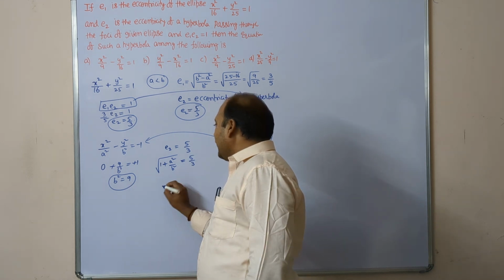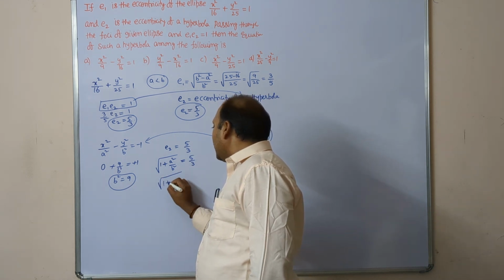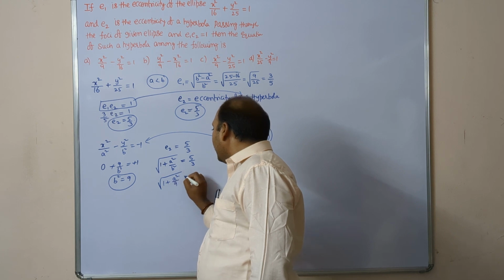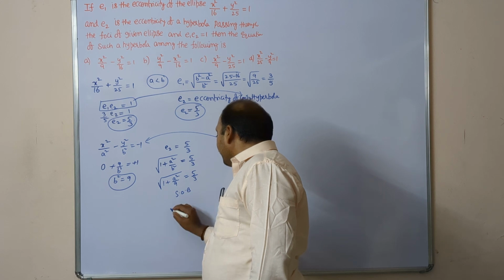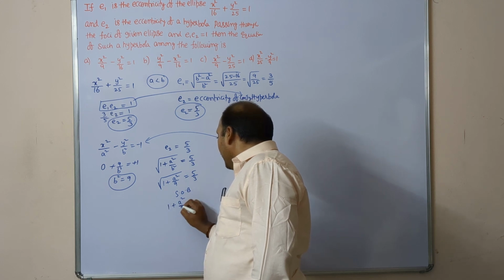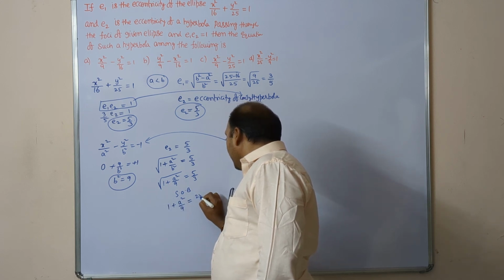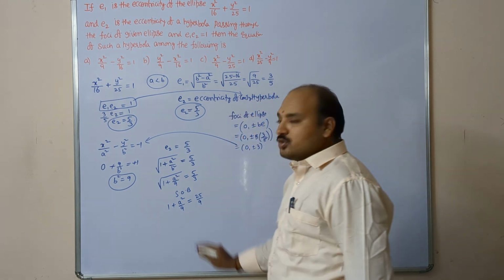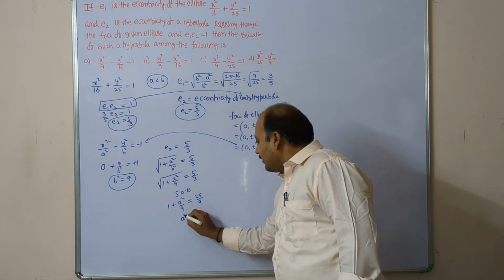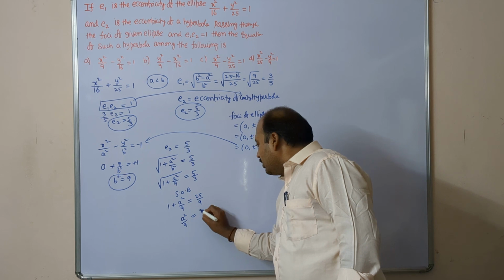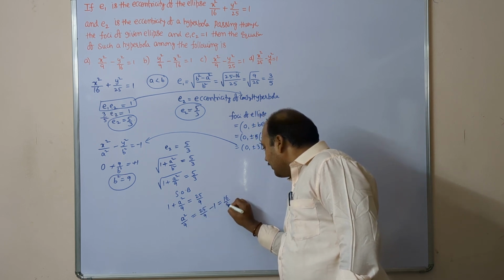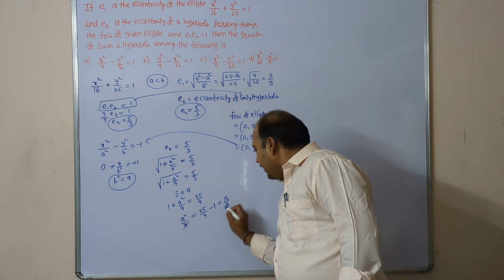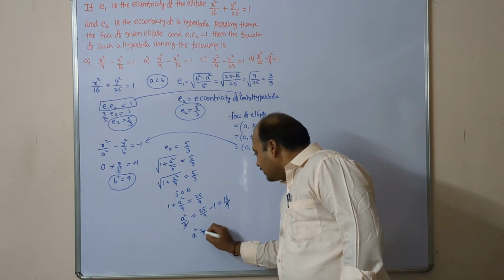We know the b value here: square root of 1 plus a square by 9 is equal to 5 by 3. Squaring on both sides, 1 plus a square by 9 is equal to 25 by 9. Taking 1 to this side, a square by 9 is equal to 25 by 9 minus 1, that is equal to 16 by 9. So the 9s get cancelled and a square is equal to 16.